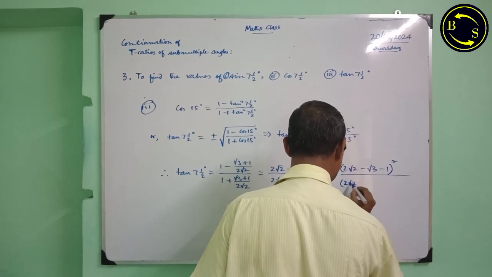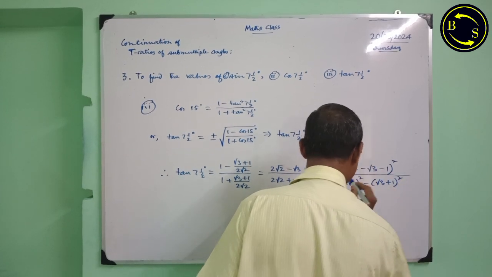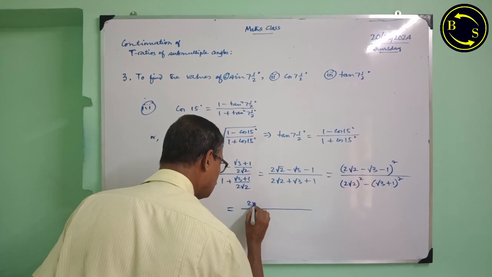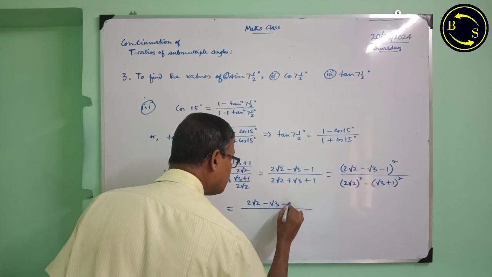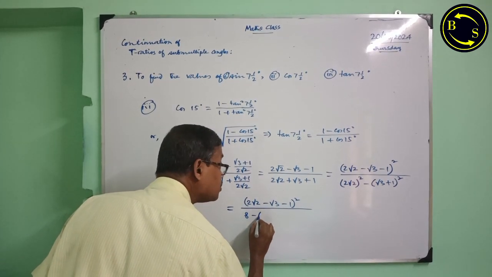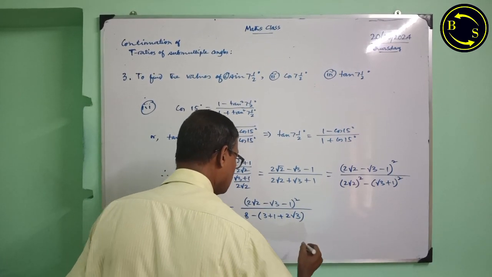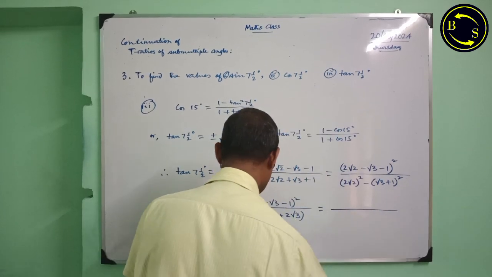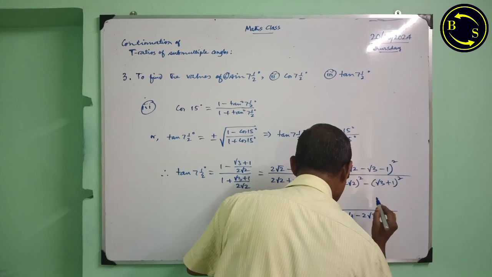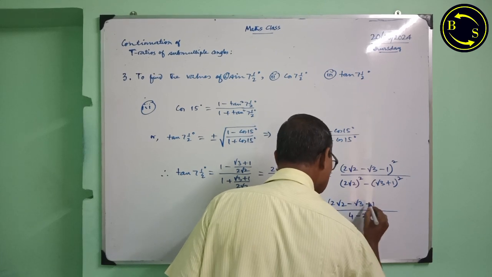2 root 2 whole square minus root 3 plus 1 whole square. Then we keep intact this one, 2 root 2 minus root 3 minus 1 whole square. It will be 8 minus 3 plus 1 plus 2 root 3. On simplification, denominator will be 4 minus 2 root 3.